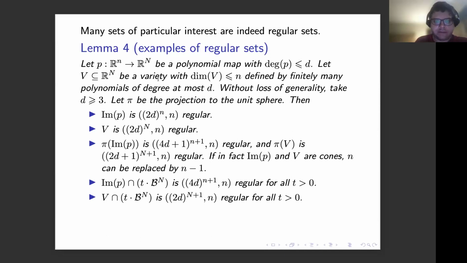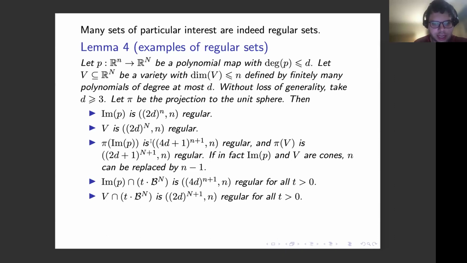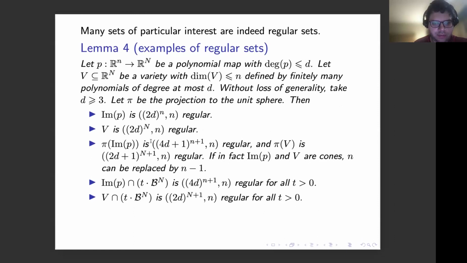Okay, if you have a zero set of equations of degree at most D, then that's regular, but the K now can be quite a bit bigger. It's 2D to the power of capital N. And you can do operations like taking a regular set and scaling it to the unit sphere in R^N.